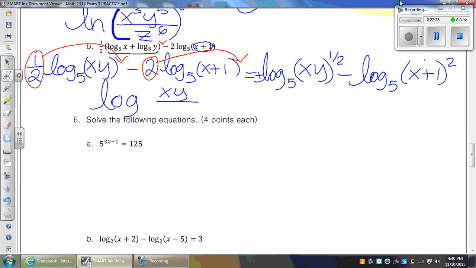And instead of 1/2, to use that exponent, I'm going to use the square root. And now the x plus 1 squared will go down here. And then maybe I could use either parentheses or brackets, whatever you prefer. So you write down log base 5. Please do not forget that because you do not want to lose those points. Because if I leave it blank, what base would that be? Base 10. Very nice.